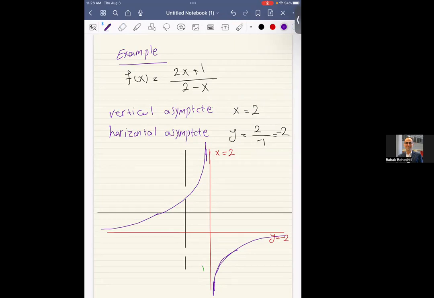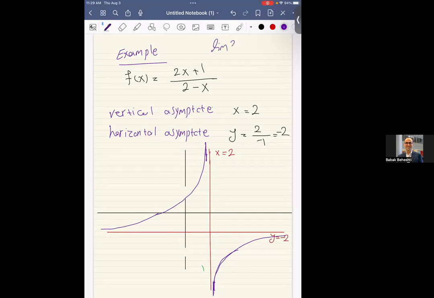And the reason is because of the limit of this function when x goes to 2 from the right-hand side. I mean, the limit is not a part of our course. It's usually in calculus. But I can just tell you, it's not a very difficult or deep concept.